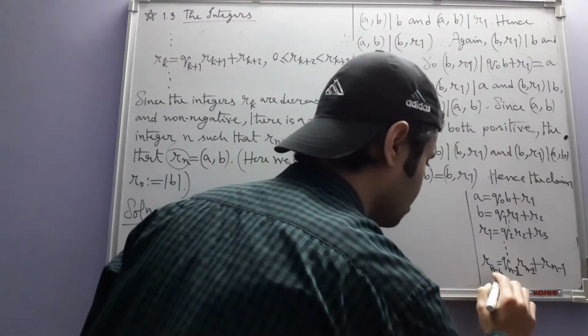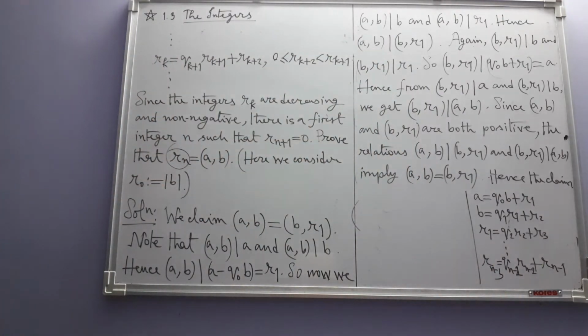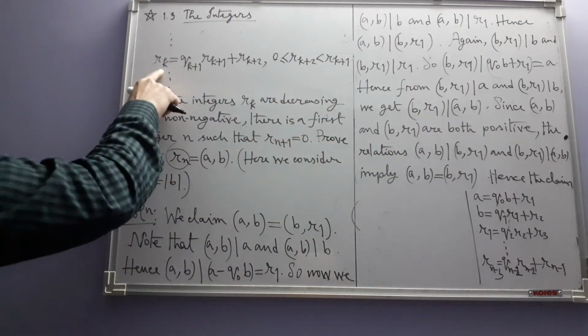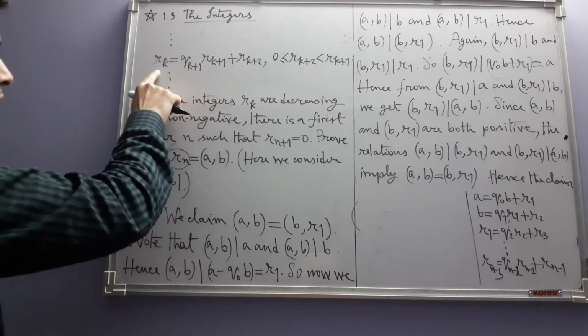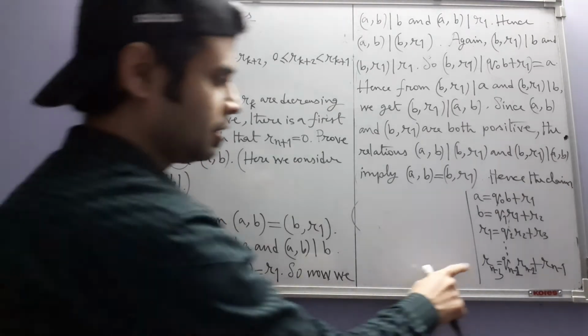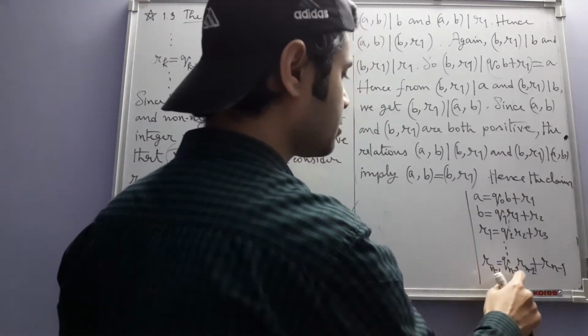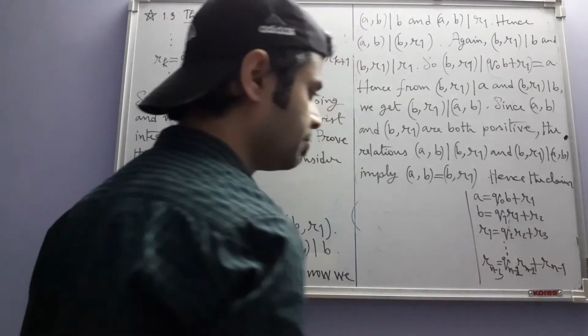This is Rn minus 3. Have I written it correctly? This suffix is one more than this. Yes, so n minus 3, n minus 2, n minus 2, n minus 1.